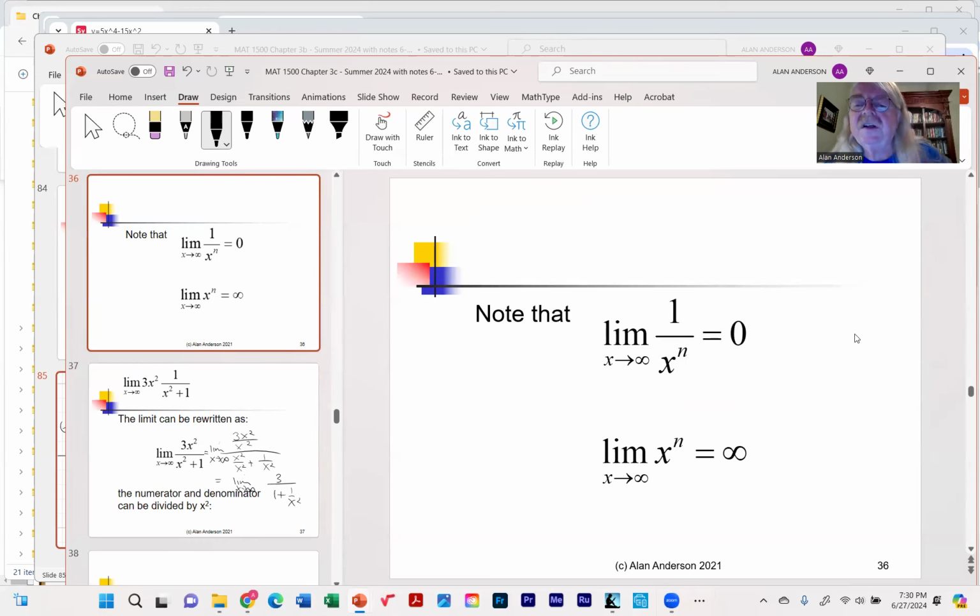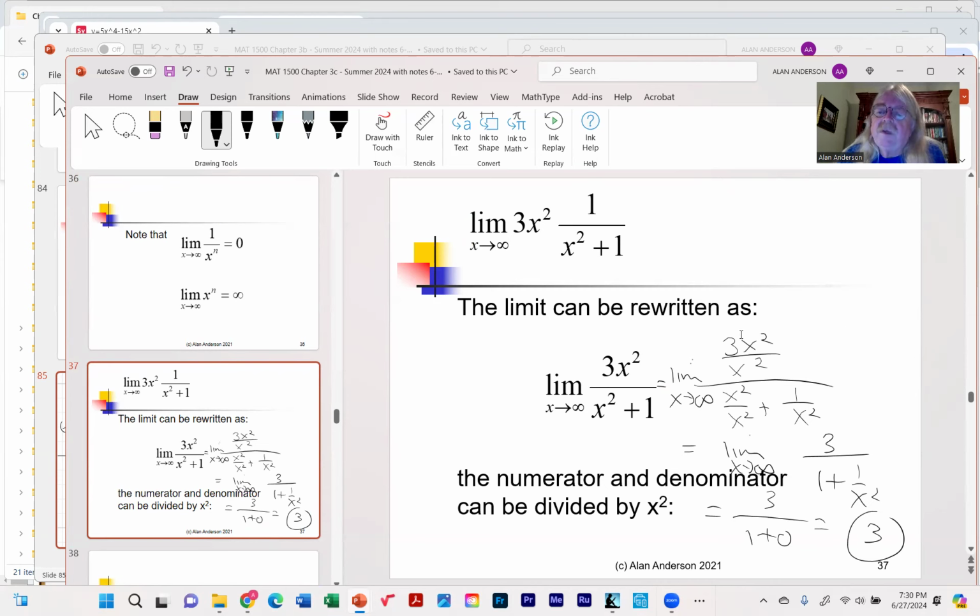So we went from a catastrophic result, 0 times infinity, and suddenly it reduces to something very simple, which is just 3, because we're able to rearrange this algebraically. In fact, we didn't even need L'Hopital's rule.